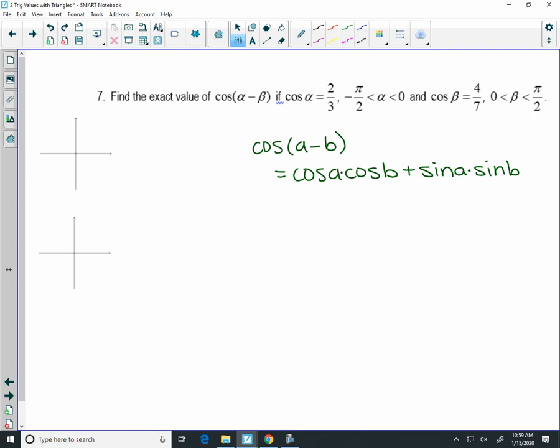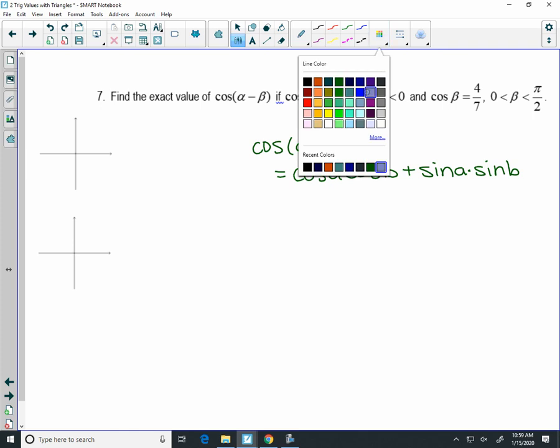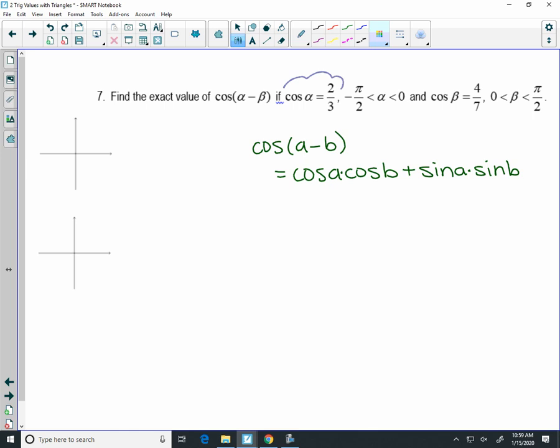So our a triangle is given, the information is given to us from this right here, and this. So if I'm going negative pi over 2 to 0, what quadrant am I in? 4. Yeah, quadrant 4. So just like we did when we were in quadrant 1, your triangle should come down and then have that right angle on the x-axis.